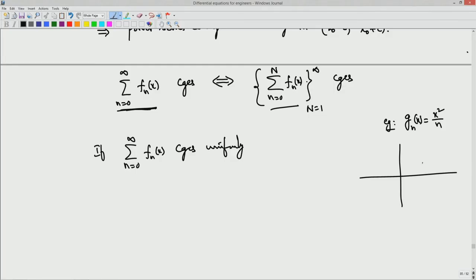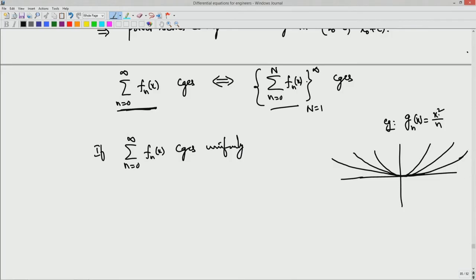For n equal to 1 it is simply x square. If you take half of this, it will come down and be expanding, and as you increase n, it is going to come down. This is how it goes.